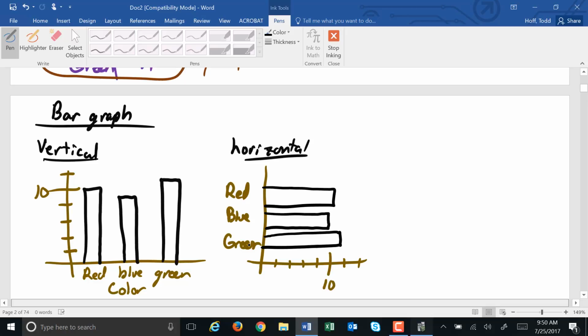Now, one thing I was trying to be careful of here, and I didn't do such a great job in this second graph, was I was trying to be very careful to make those bars all the same width. Because one of the tricks that get used is something like this.